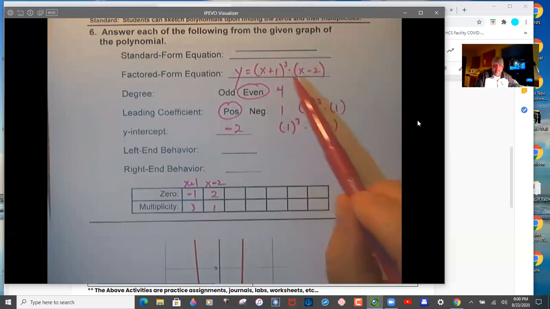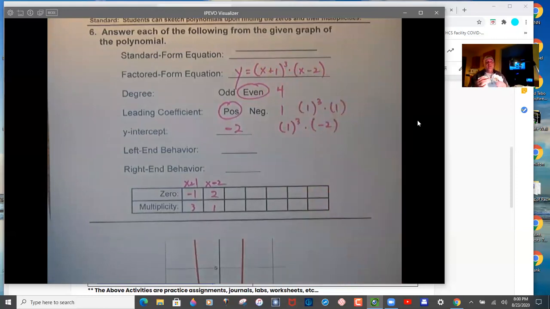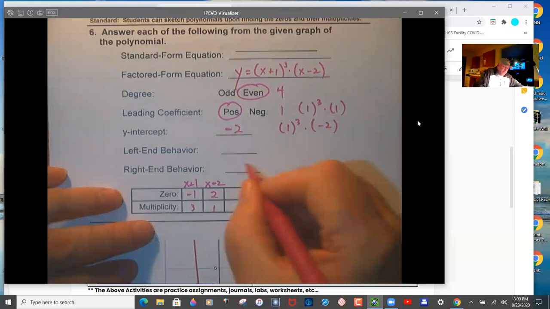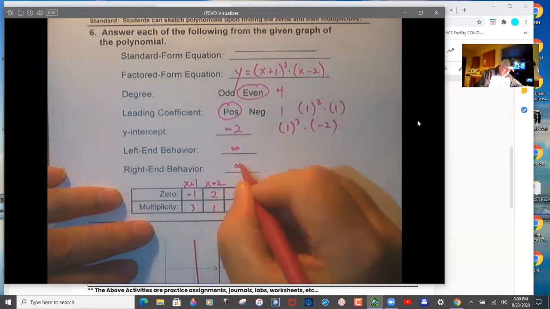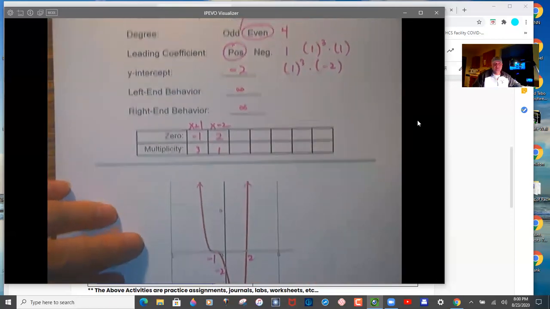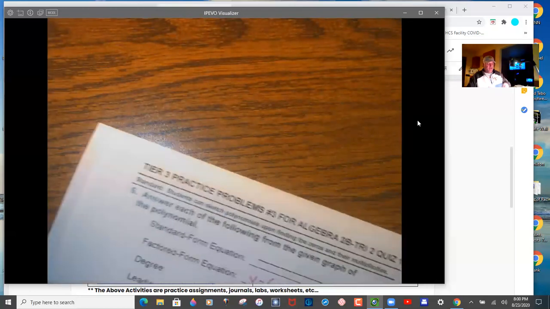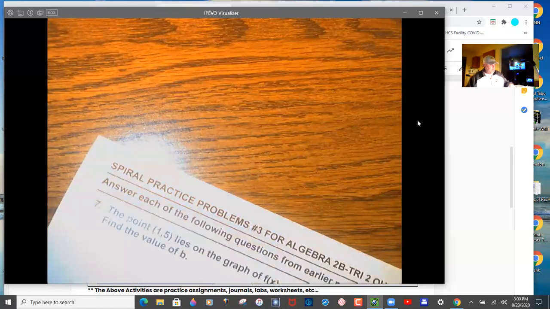And then it's the last constant in the parentheses. 1 to the third, -2 to the first, to get the y-intercept. So you can tell from the graph that we have end behaviors of positive infinity there. This is really pretty simple. Just make sure that you write the factors correctly.